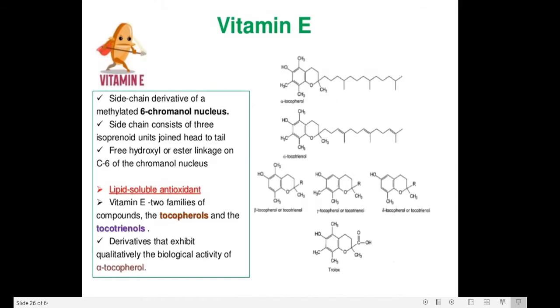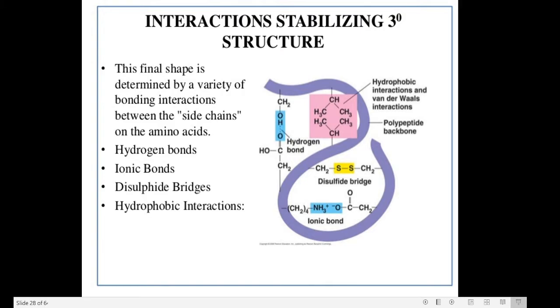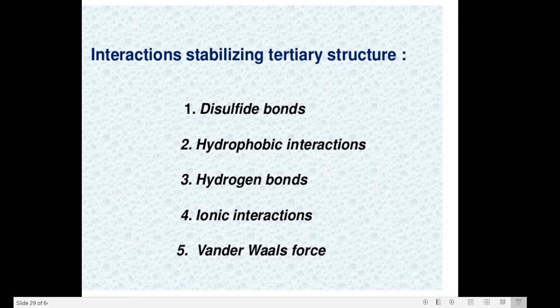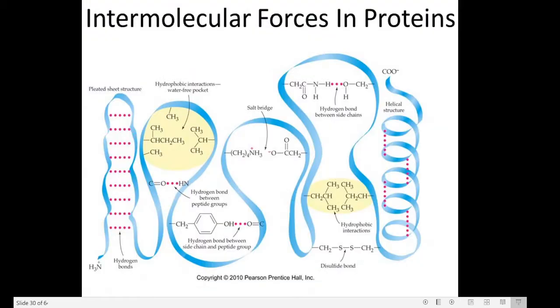In this slide I am going to explain the interactions stabilizing 3D structure. Interaction stabilization is very important in protein structure formation. We have disulfide bonds, hydrophobic interaction, hydrogen bonding, ionic interaction, and van der Waals interaction.